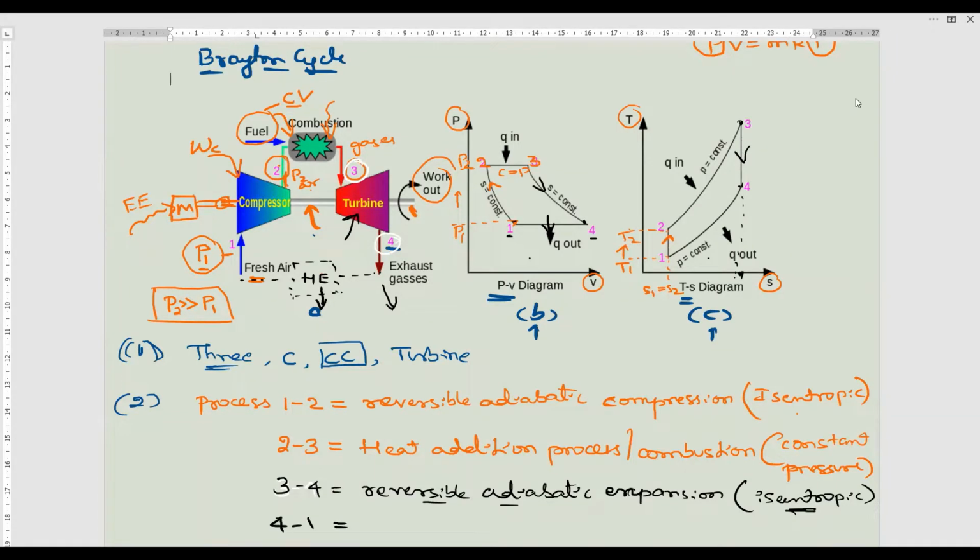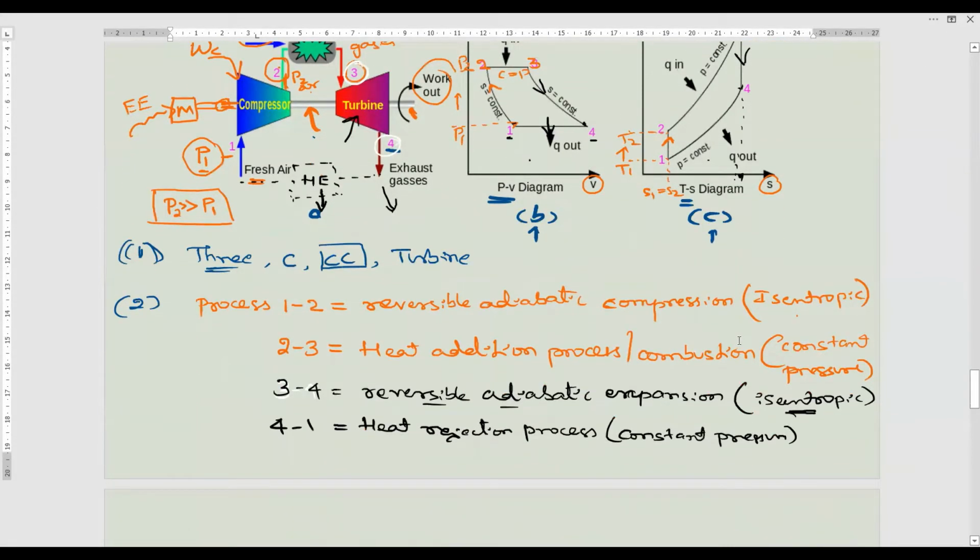Fourth one, heat rejection process. Heat rejection process is constant pressure. So in simple words, we can say that there are two isentropic processes and two constant pressure processes.